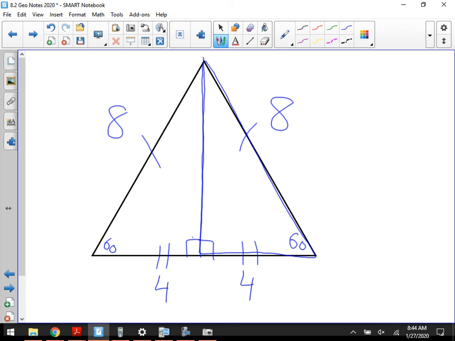So if I take out 60, how many degrees are left for up here? 30. And isn't that the same on the other side? Yeah. So by drawing in what we call the perpendicular bisector of an equilateral triangle, we get what's called a 30, 60, 90 triangle.